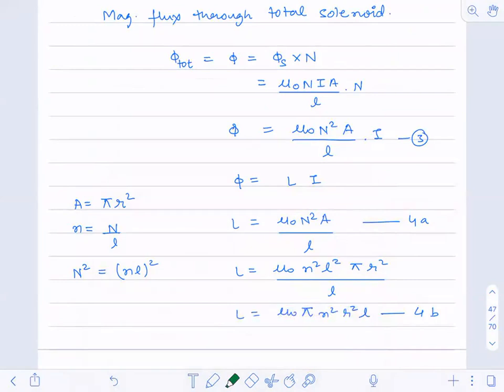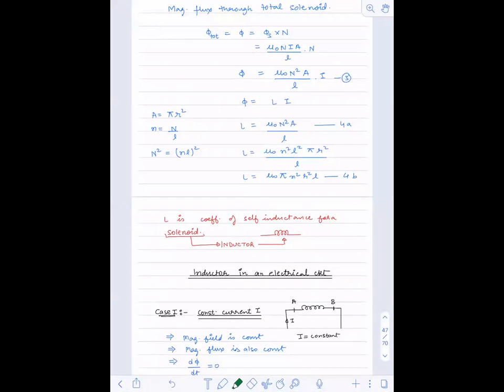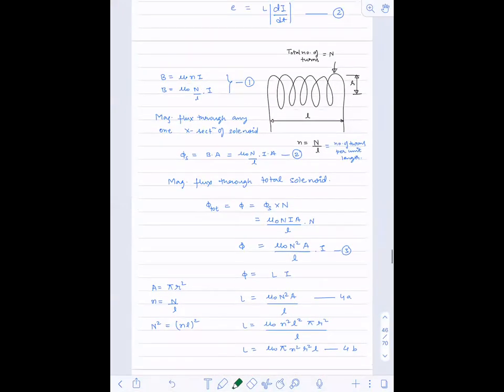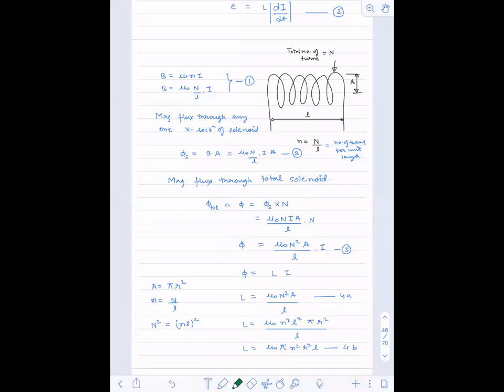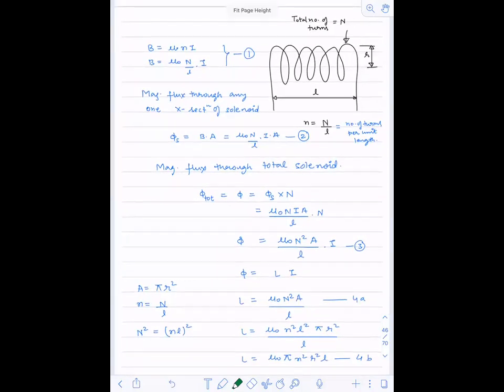If I have not told you, I'm telling you now: if you are having a midterm, a subjective exam, you will get this derivation which is on your screen, minimum 3 marks.